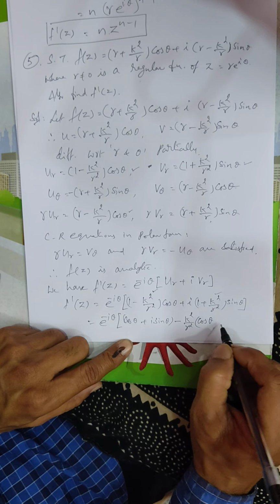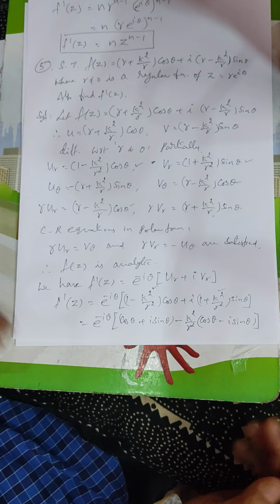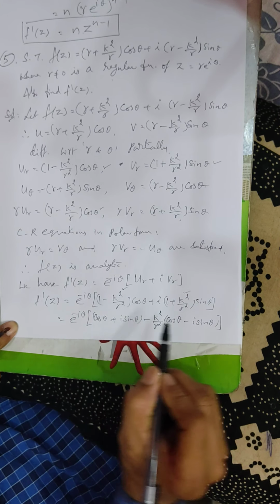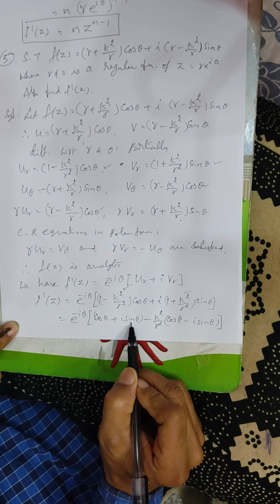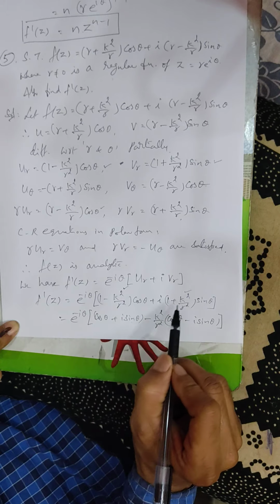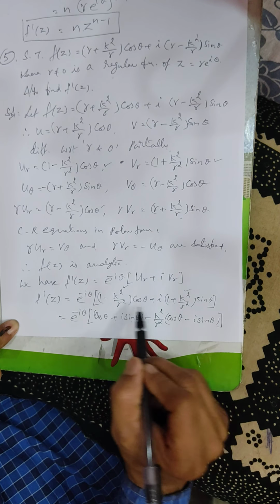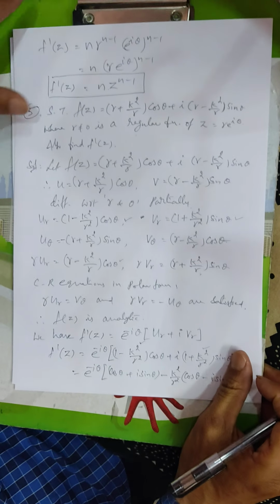We get cos theta minus I sin theta. First we are writing 1 into cos theta plus I into 1 into sin theta, that is cos theta plus I sin theta, one term. And in the remaining two terms, we are taking minus k square by r square common. We will get cos theta minus I sin theta.